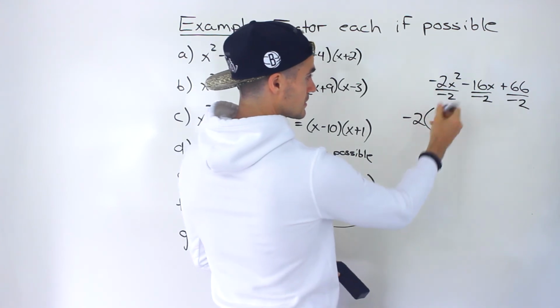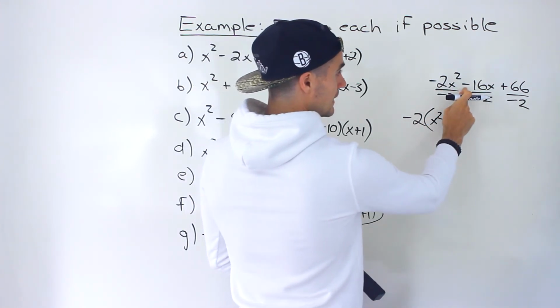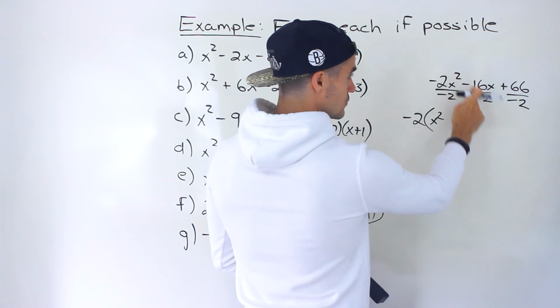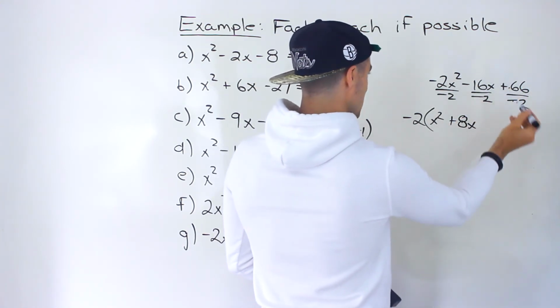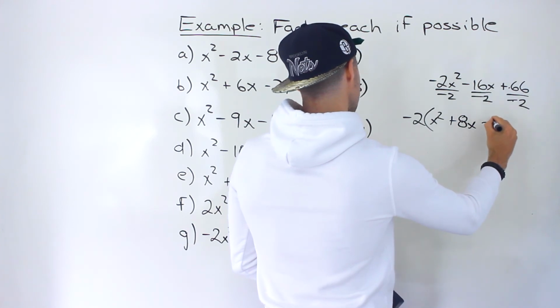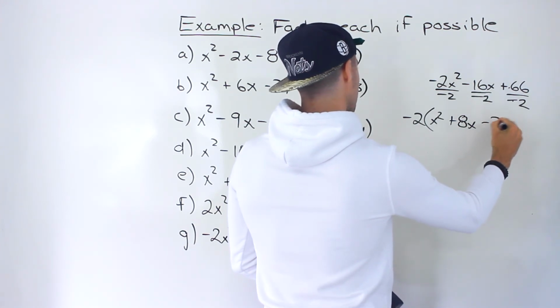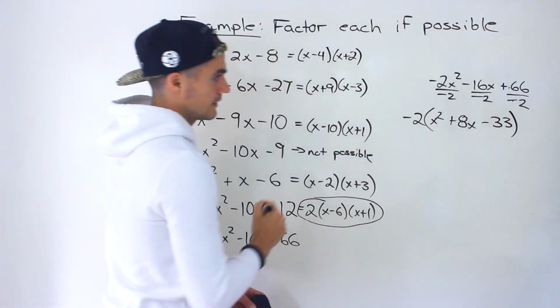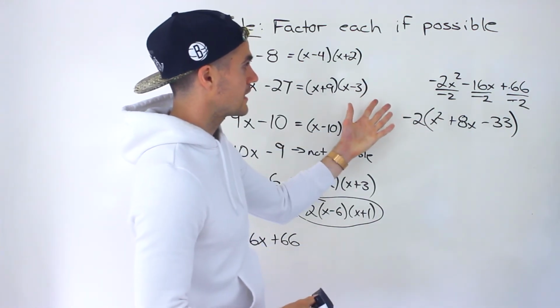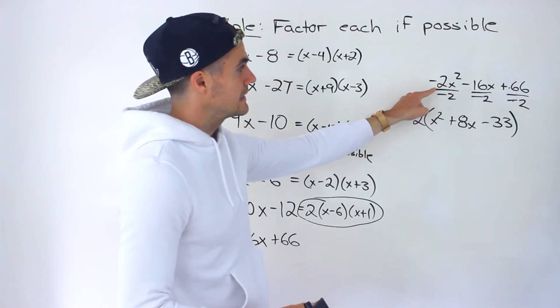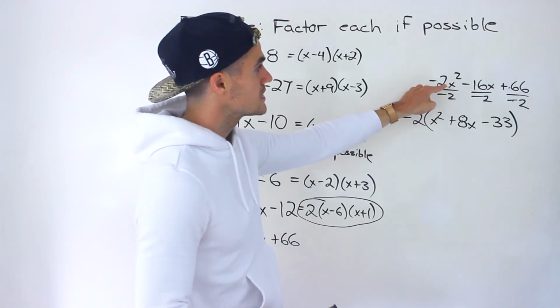So this cancels out. We're just left with an x squared. -16x divided by -2, those turn into a positive 8x. Positive 66 divided by -2 would give us minus 33. Like that. Okay, whenever I see a negative here, I always take out a negative. Now, a lot of times it'll just be a negative like 1 in front.